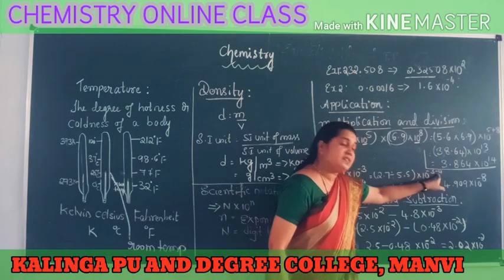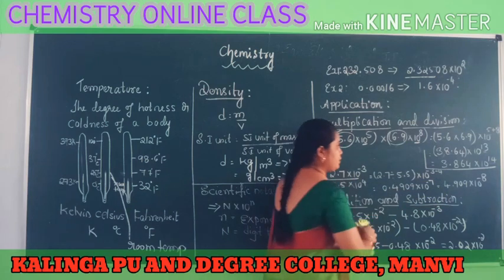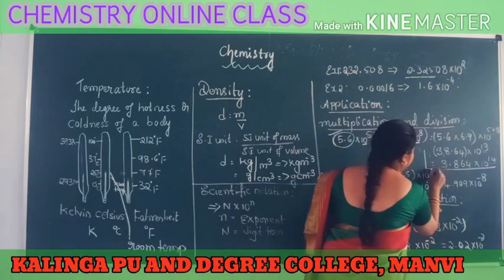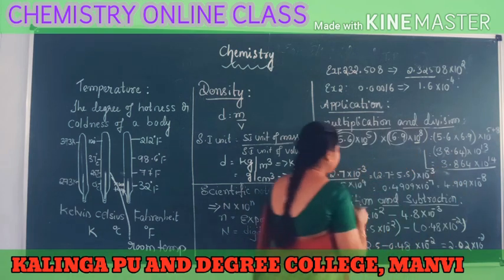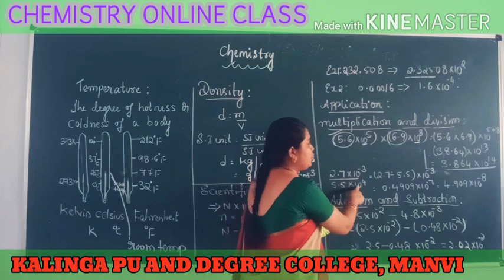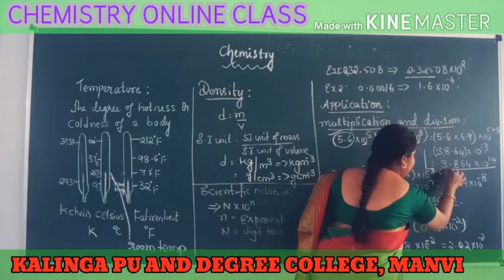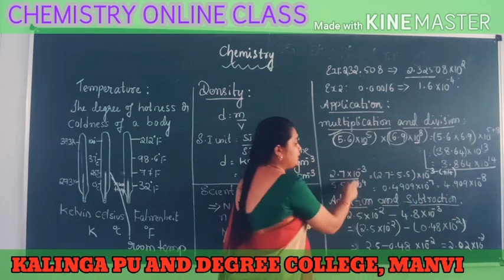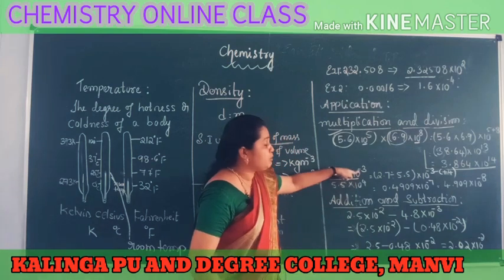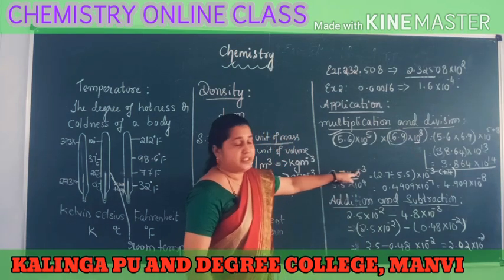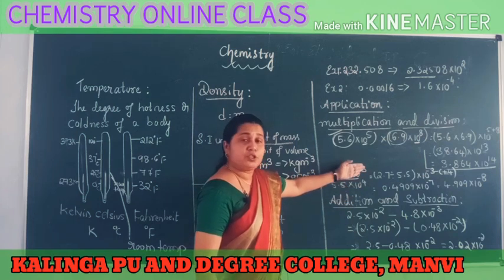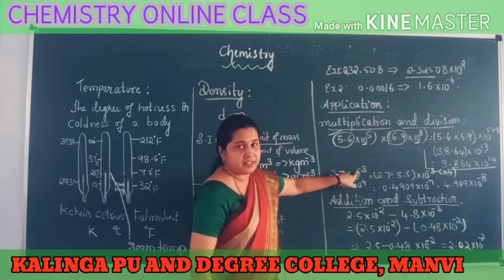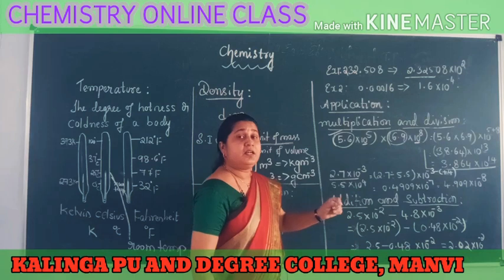Then 2.7 divided by 5.5, you will get the value 0.4909. Simple division, that's why I am not showing it. So 10 power minus 3, minus into plus will become minus. Minus 3 minus 4 will become minus 7. So 10 power minus 7.